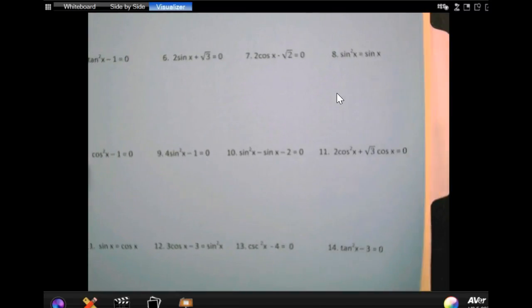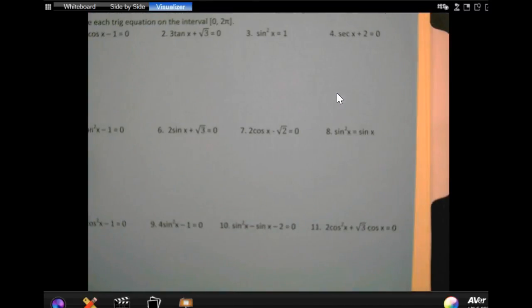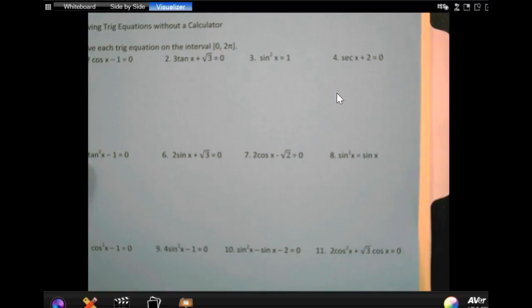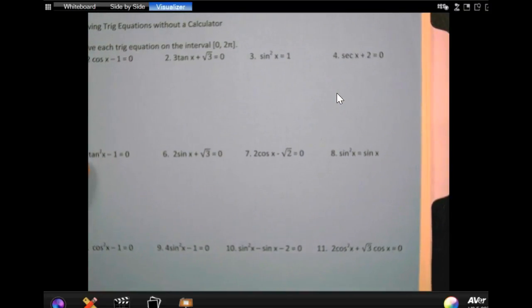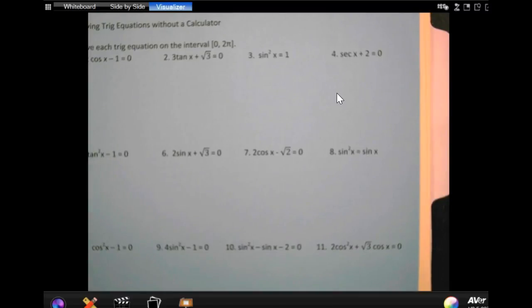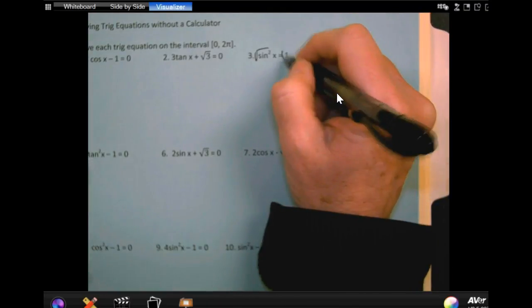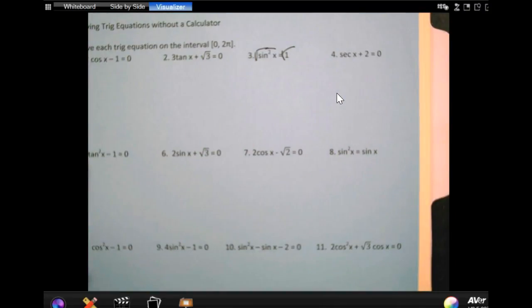All right. So, first of all, if I look at number 3, how am I going to solve that? We can set it equal to 0. Can I take the square root? You can do it either way. You can either factor it by subtracting the 1, or you can take the square root, and you get the same answer either way. If I take the square root on both sides, here's what you have to remember.